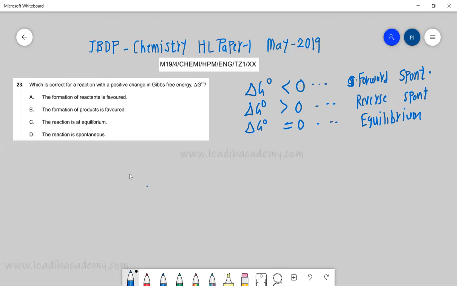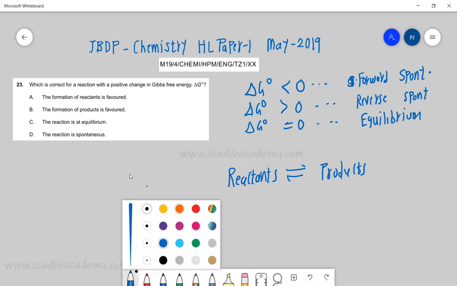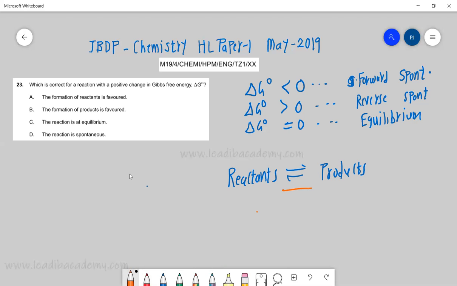Simple. It means that the reverse reaction is going to be spontaneous. So what are we going to get? Let's write it down: products going to give you reactants. When we say reverse, we are talking of the direction going this way.